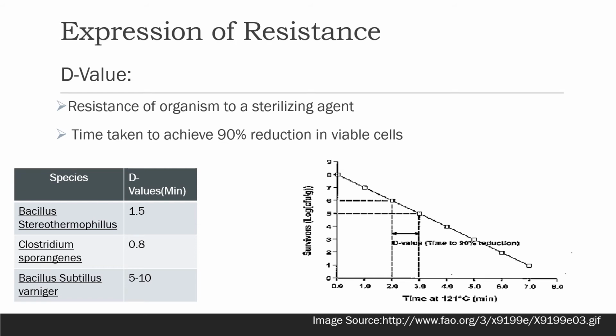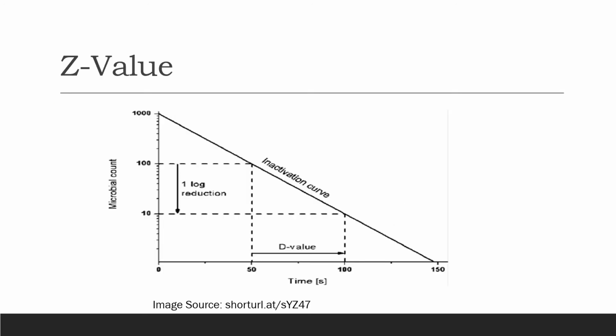Now next we will see the Z value. The Z value is the increase in temperature needed to reduce the D value of an organism by 90%. So suppose this is a D value, and this D value is reduced from 100 to 10.